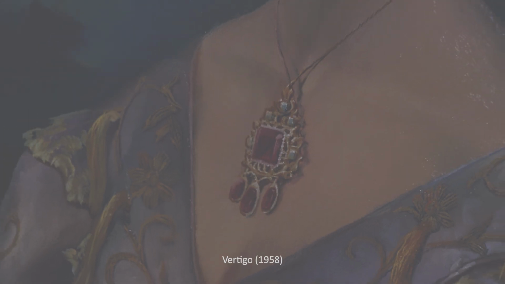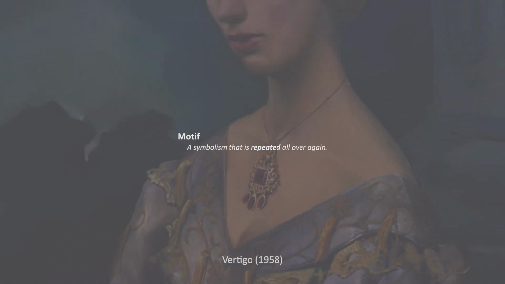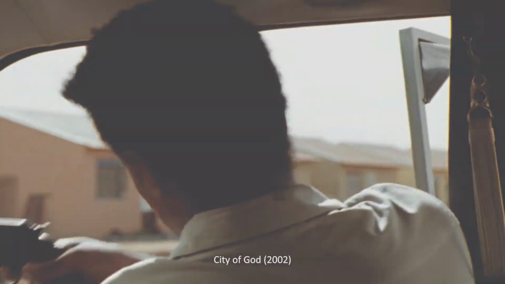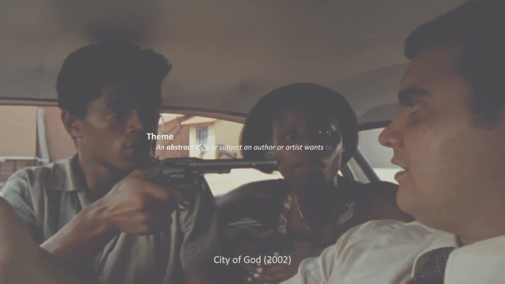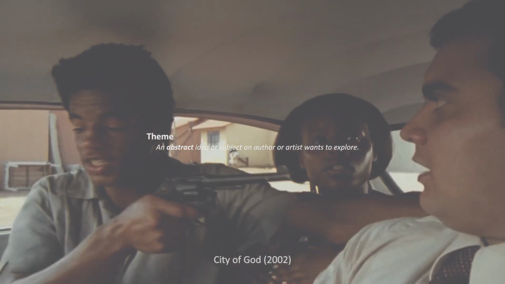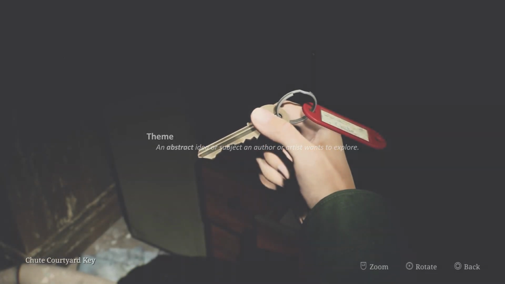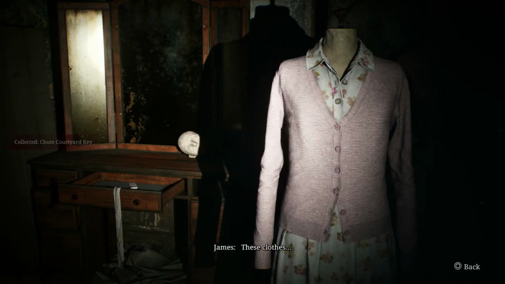Second, motif. A symbolism that is repeated all over again. Lastly, a theme is an abstract idea or subject an author or artist wants to explore. The two things that I mentioned earlier, symbolism and motif, are linked to the theme as a whole.